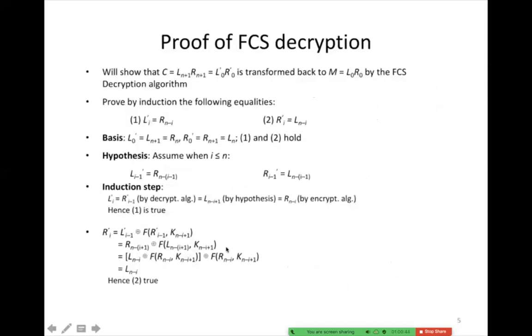So that is a proof. The proof is done by mathematical induction.